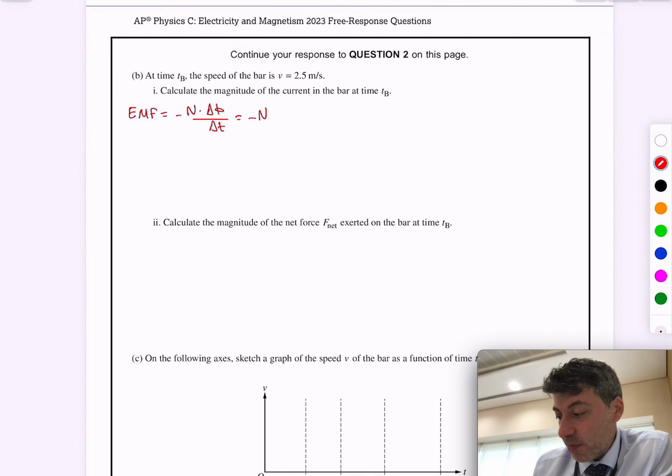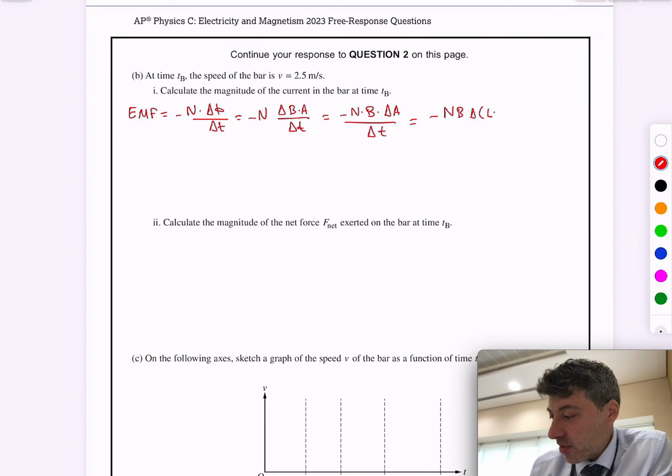The magnetic flux is B times A, so change of magnetic field multiplied by the area divided by the time. Now, in this case, the magnetic field does not change. What changes is the area, but the area is length multiplied by width. Length times width divided by the time.